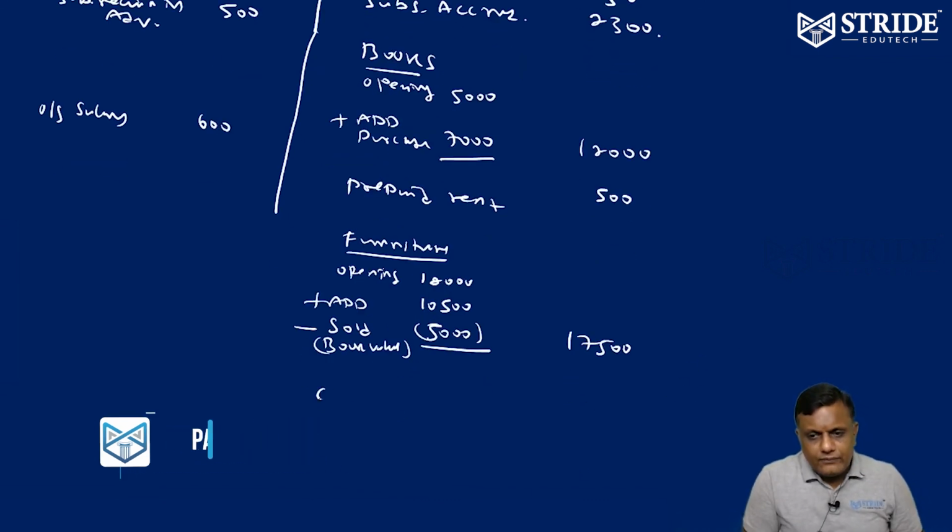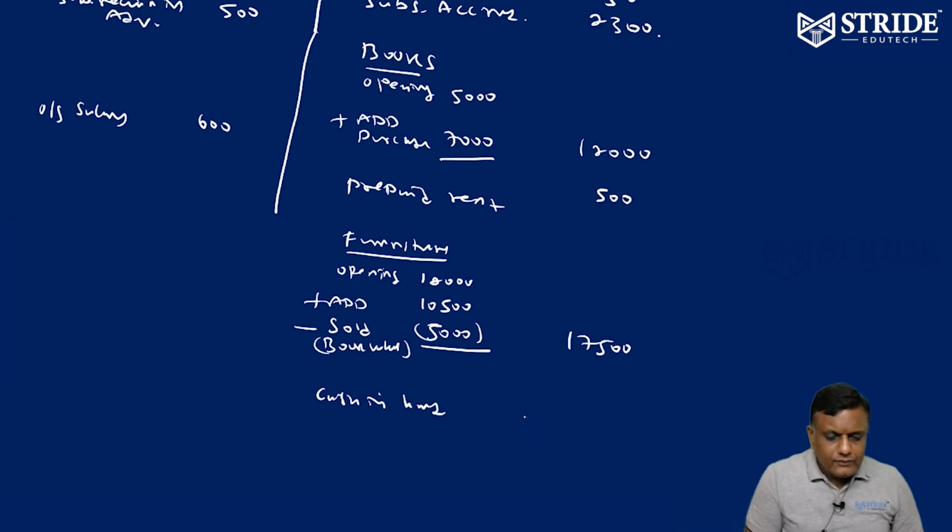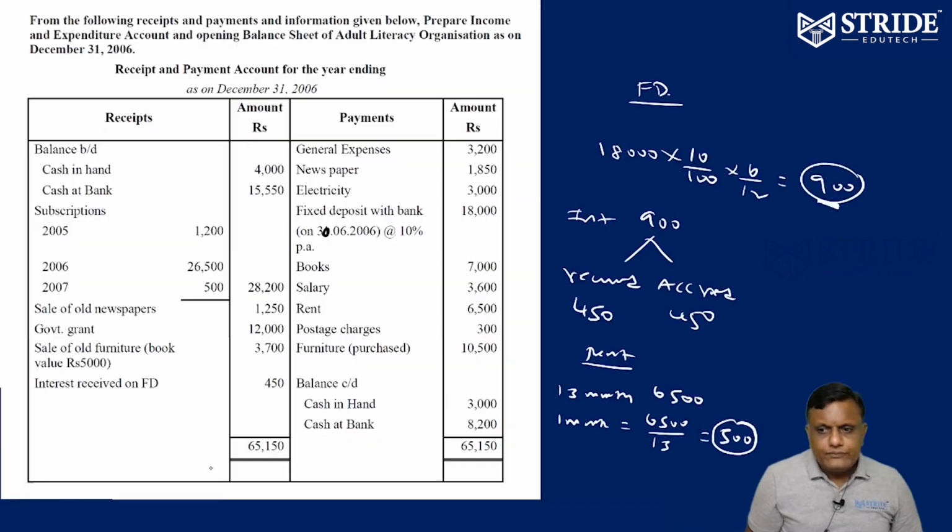Cash in hand, current year 3,000. Cash at bank, current year 8,200. Right.